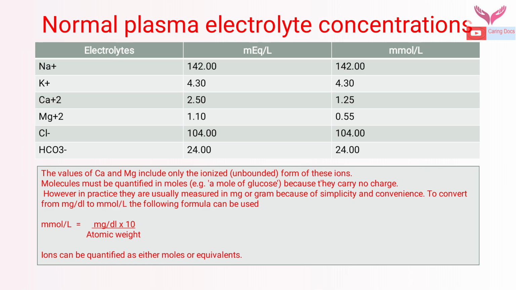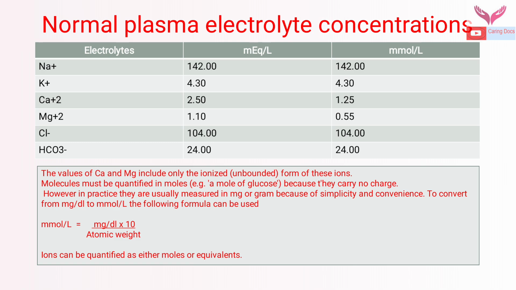The values of calcium and magnesium include only the ionized form of these ions. Molecules must be quantified in moles. Milliequivalent and millimoles are used for the ions which carry positive or negative charges. But there are some solutes like glucose, urea, creatinine, proteins.